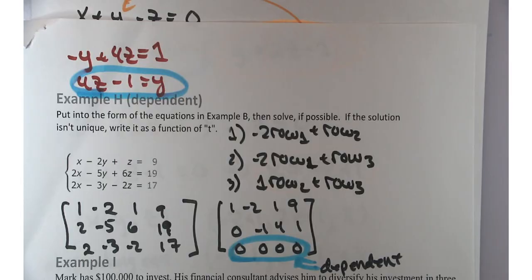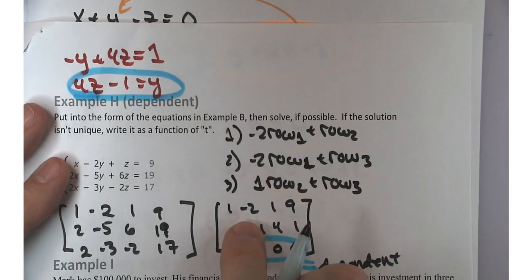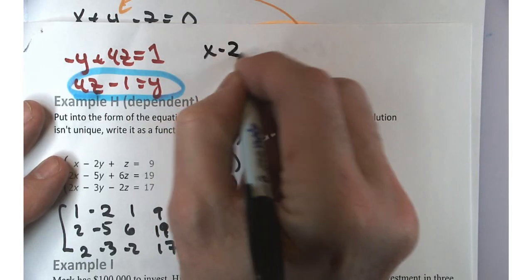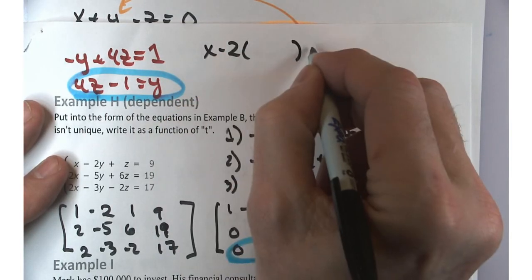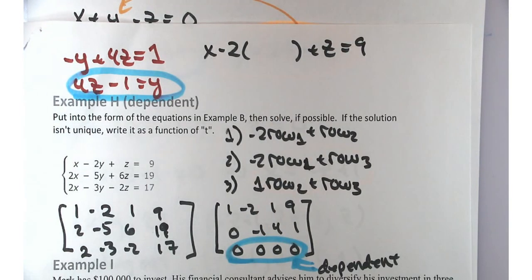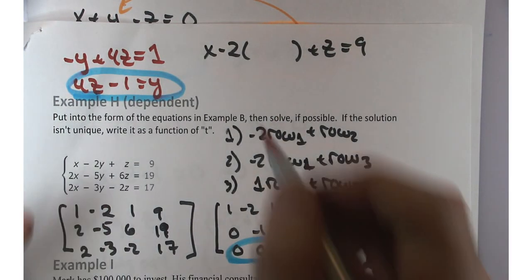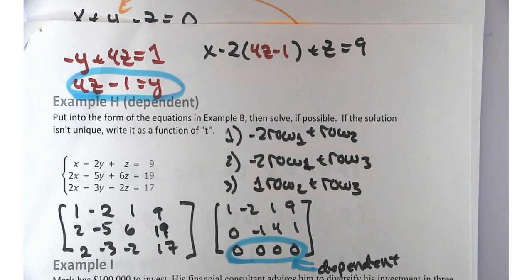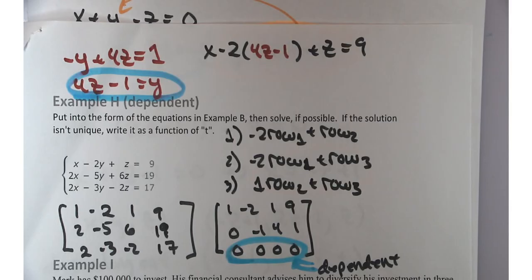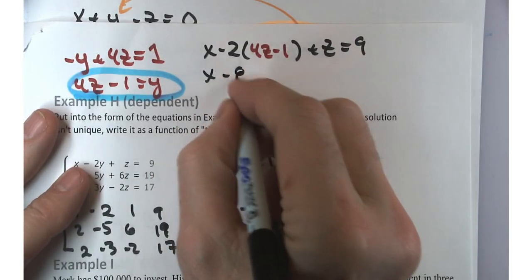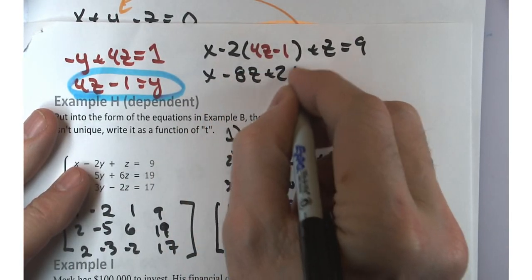We're going to need to plug that into the equation for x. x minus 2 times y plus z equals 9. And y was 4z minus 1. x minus 8z plus 2 plus z equals 9.